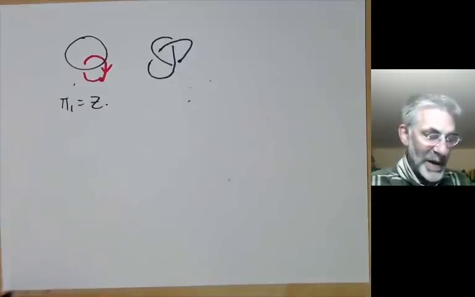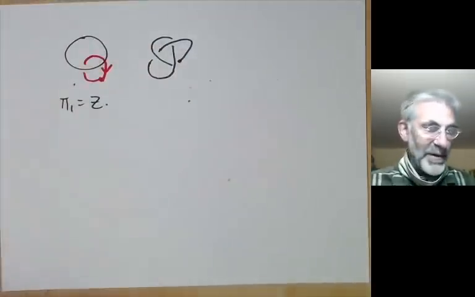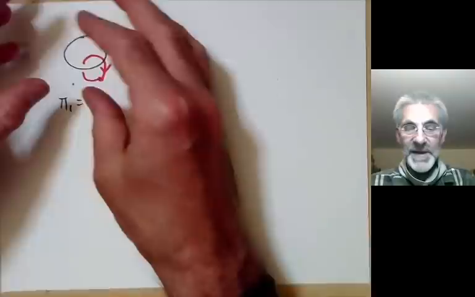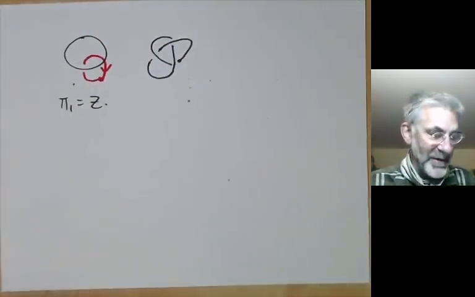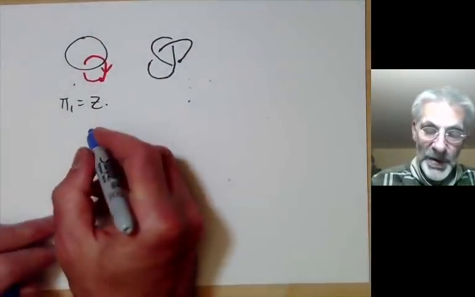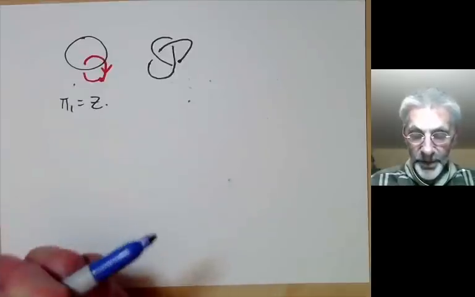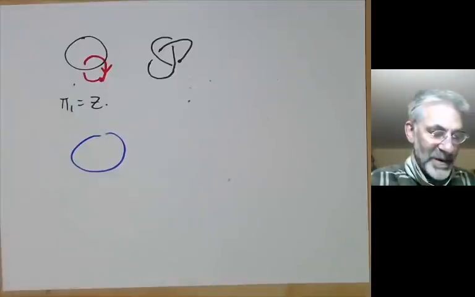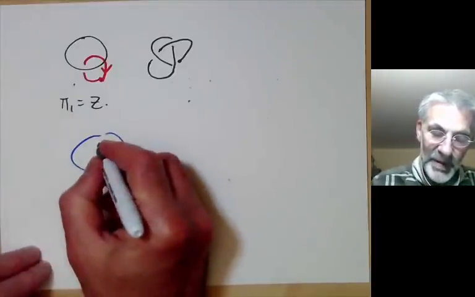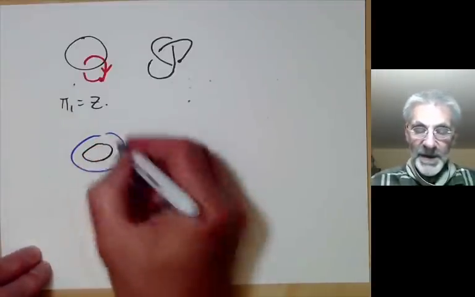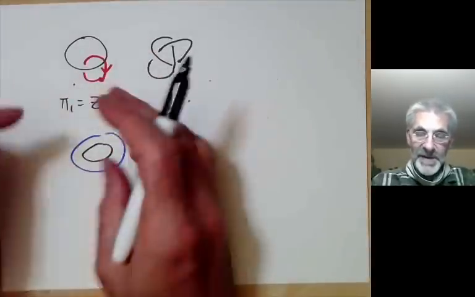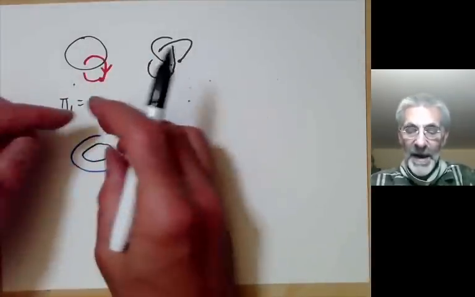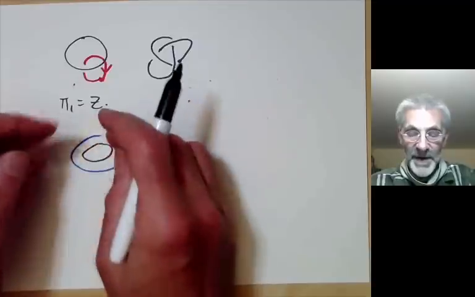And to see this, what we do is we first take a deformation retract of the exterior of the circle. In other words, you try and find something you can sort of squish the exterior into. And what you can do for this is you can sort of take a sphere around this circle. So I want to think of this blue thing as being a sphere, and you can push everything outside the sphere onto the sphere.